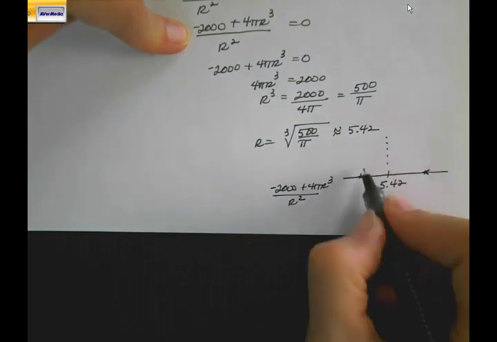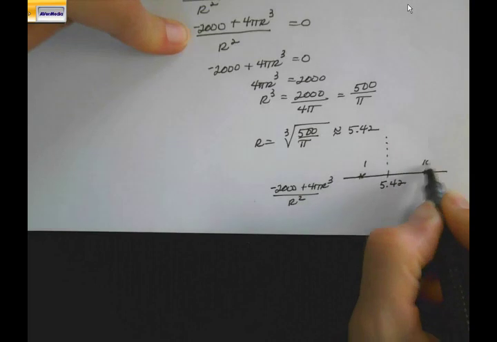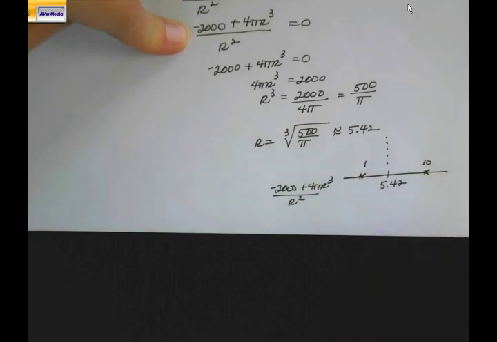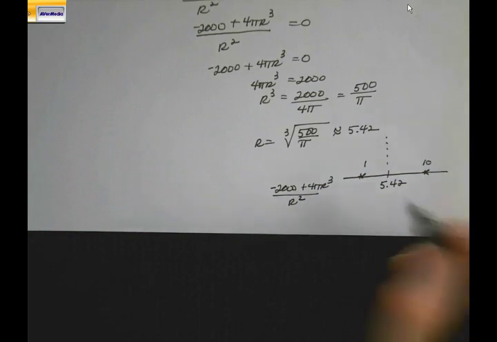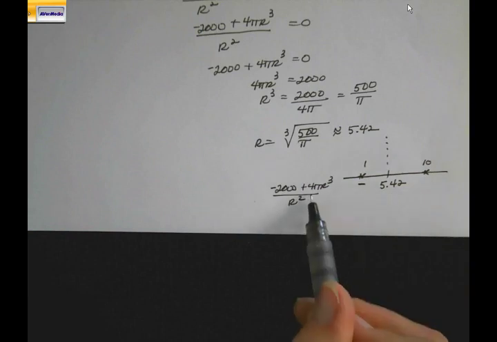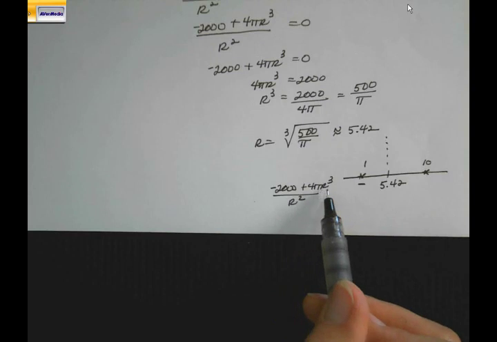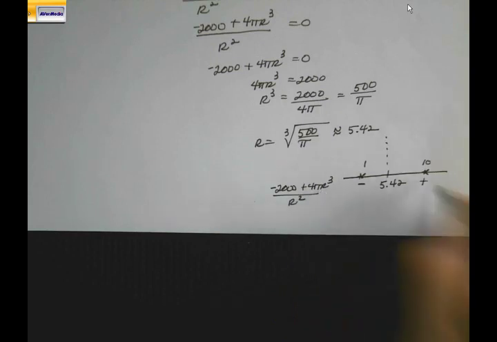I put a 1 in and I put a 10 in. When I put a 1 in for r, I got negative 2,000 plus 4 pi, which was definitely a negative value. When I put a 10 in for r, I got negative 2,000 plus 4,000 pi, which is definitely positive.